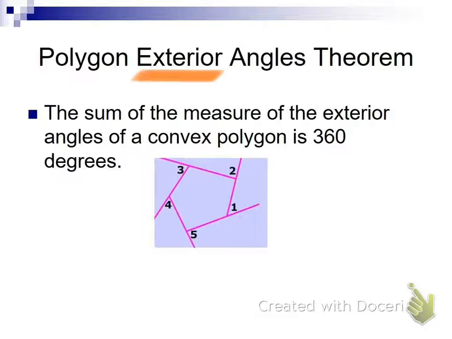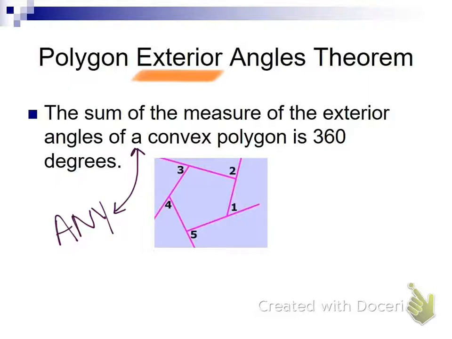Now, in my personal opinion, it might hit home a little bit more if instead of the word a convex polygon, we put the word any convex polygon. This means it doesn't matter how many sides it has.